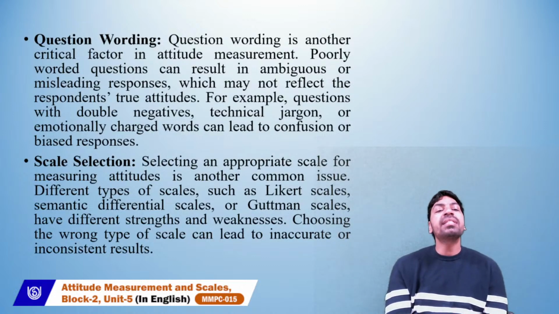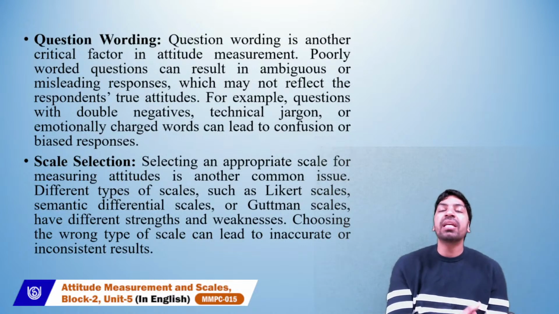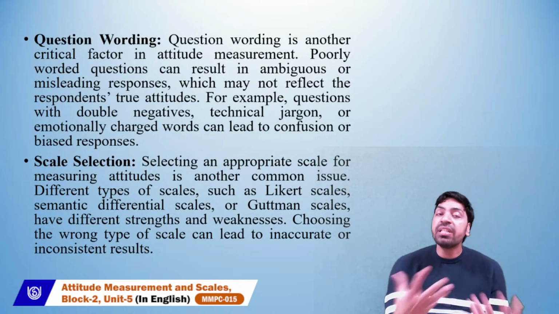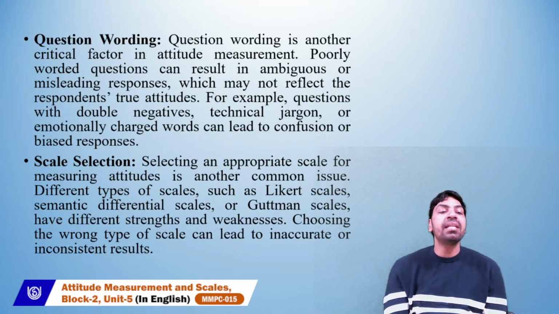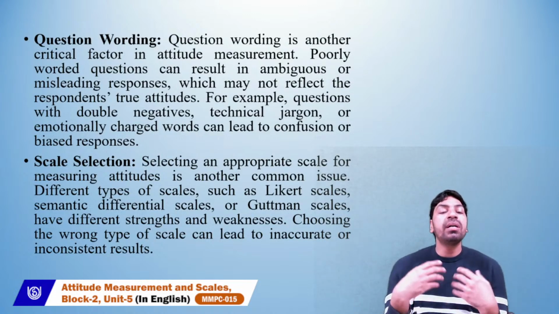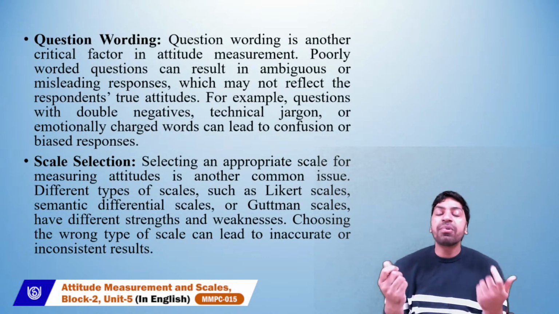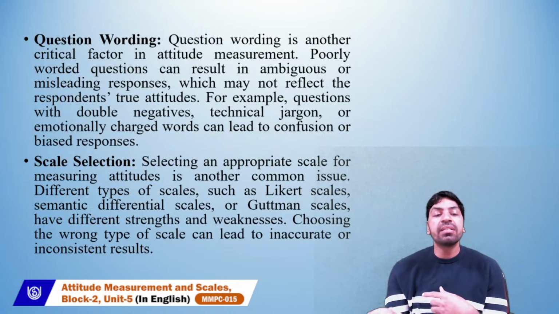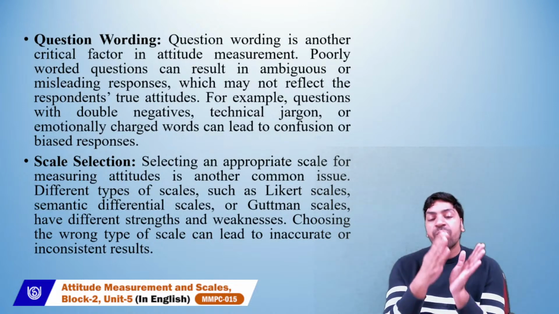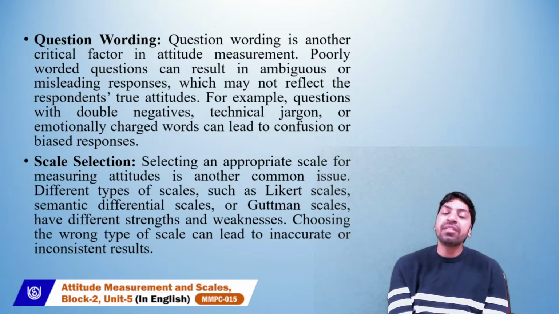The next one is scale selection. Selecting an appropriate scale for measuring attitudes is also a common issue. There are different types of scales, like Likert scales, semantic differential scales, and Guttman scales, which have different strengths and weaknesses. If the researcher doesn't have expert knowledge regarding choosing the appropriate scale for the questionnaire, then it becomes another issue for attitude measurement.